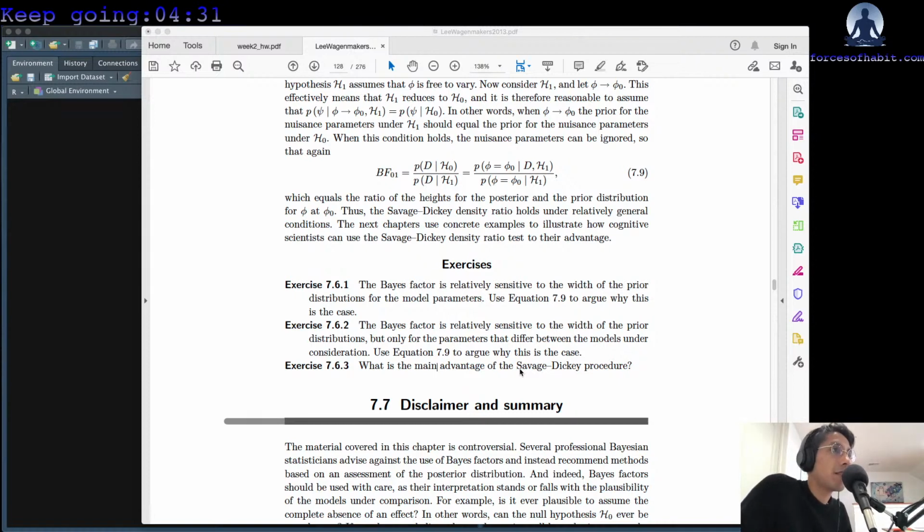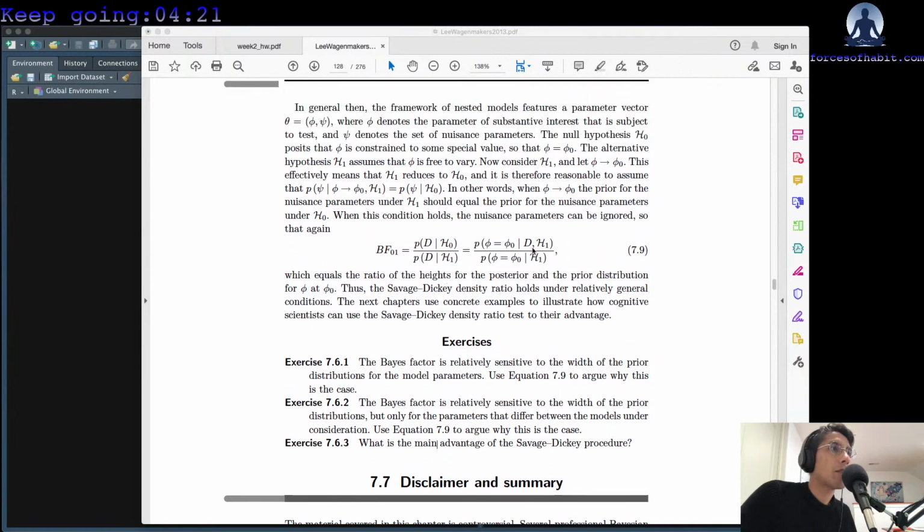And so this can be mathematically expressed by the normalization here, where across all possible formulations of hypothesis 1, right, so if hypothesis 1 is broad, then we're normalizing across a larger range.